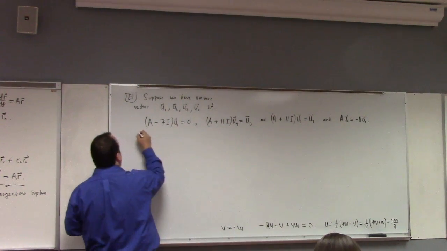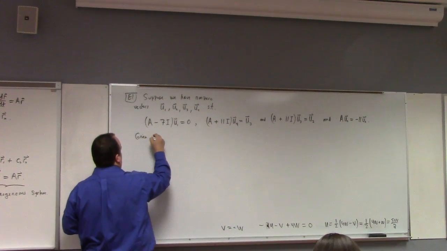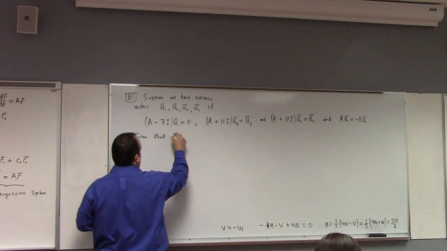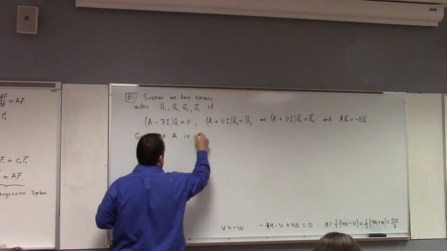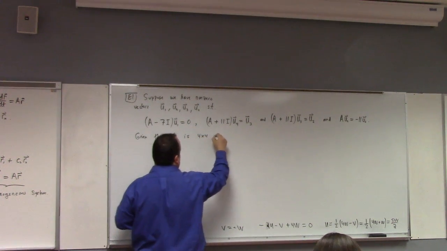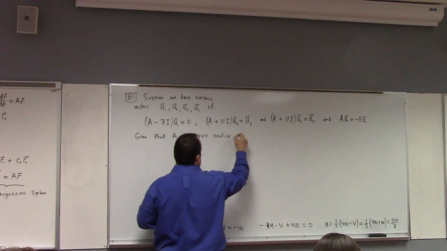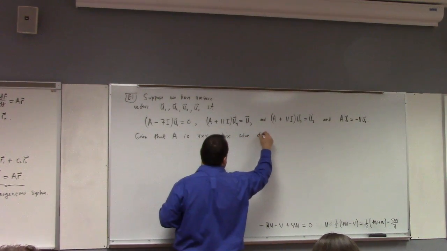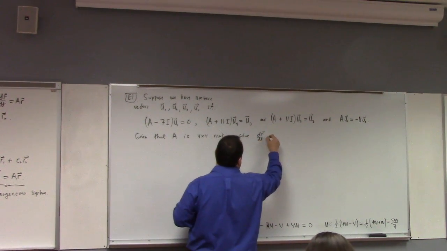So given that A is a 4 by 4 matrix, solve dr/dt equals A r.